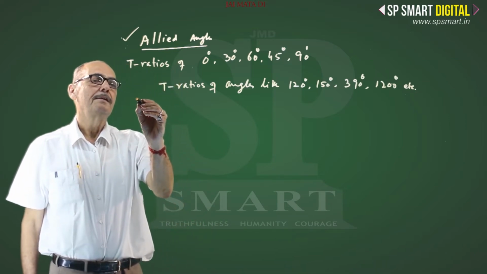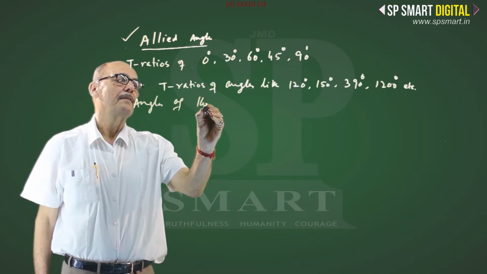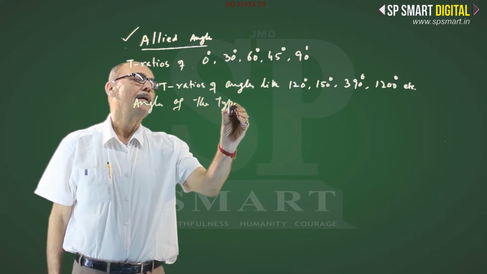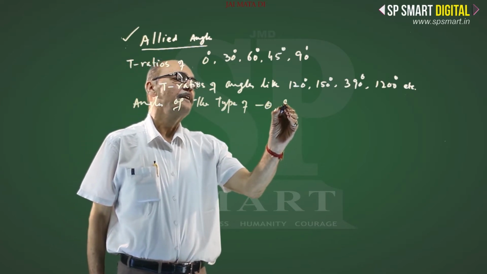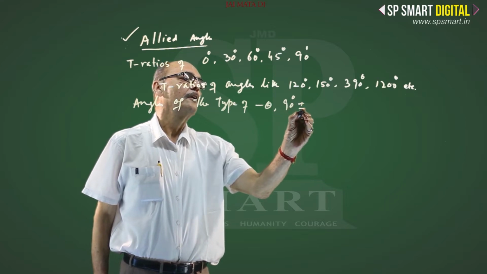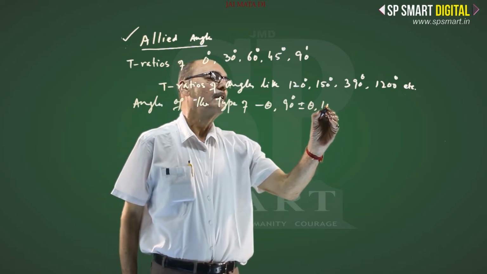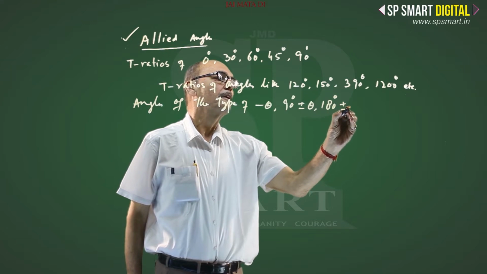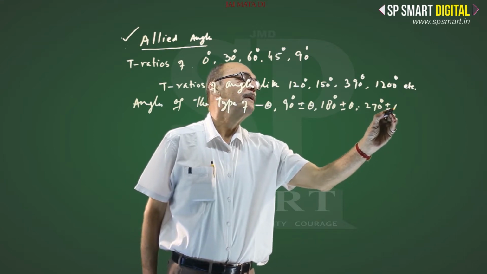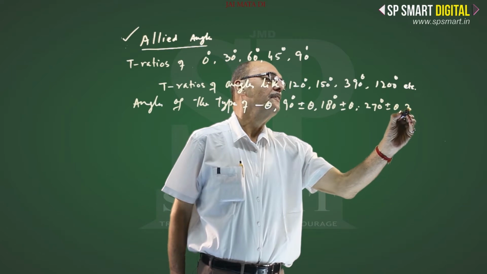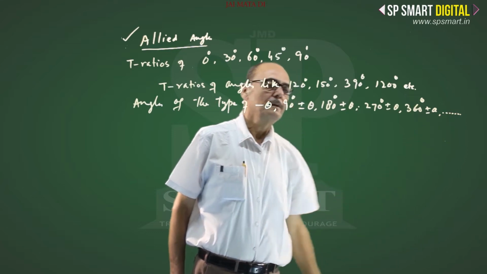Angles of the type of minus theta, 90 degrees plus or minus theta, 180 degrees plus or minus theta, 270 degrees plus or minus theta, 360 degrees plus or minus theta, and so on.